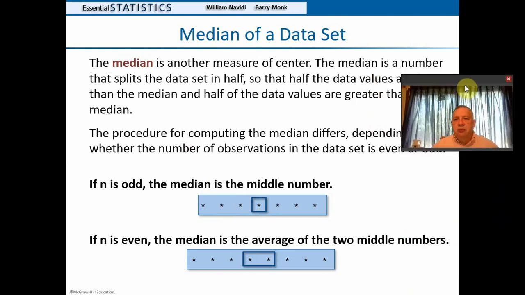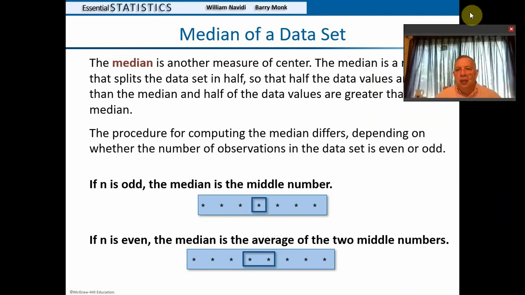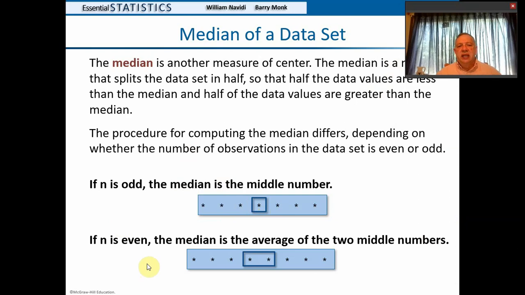If n is even, so here we've got 1, 2, 3, 4, 5, 6, 7, 8. If I divide 8 by 2, I get 4. That's what happens if I divide an even number by 2. I get a whole number. I'm going to go in and find the middle 2 numbers.